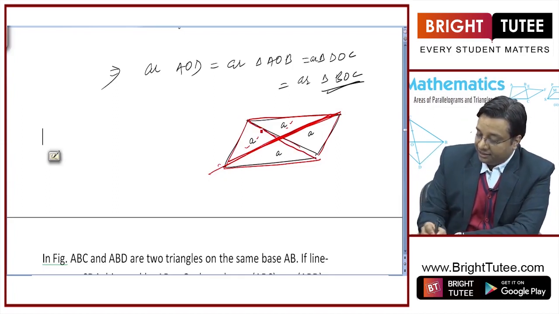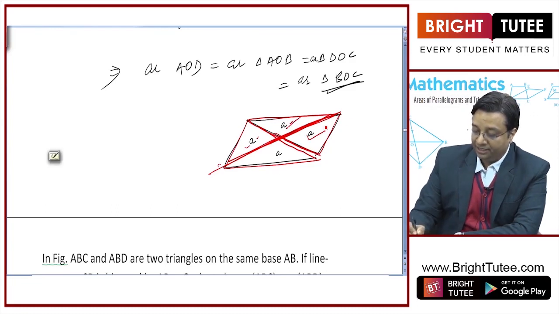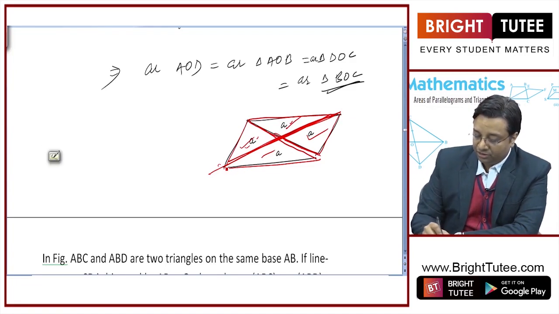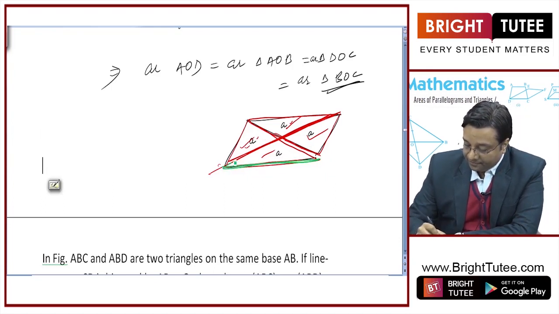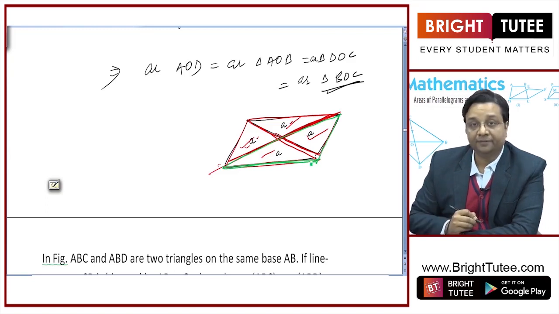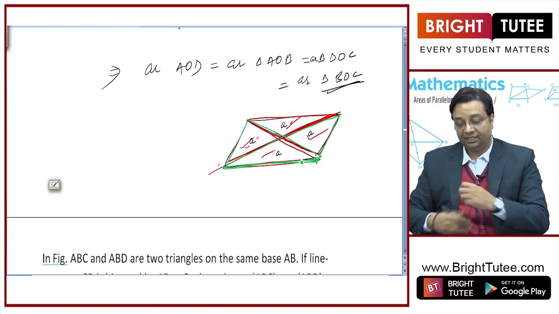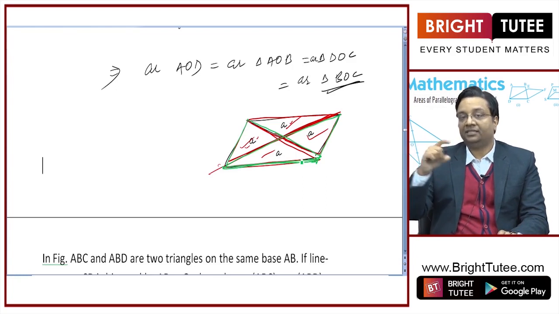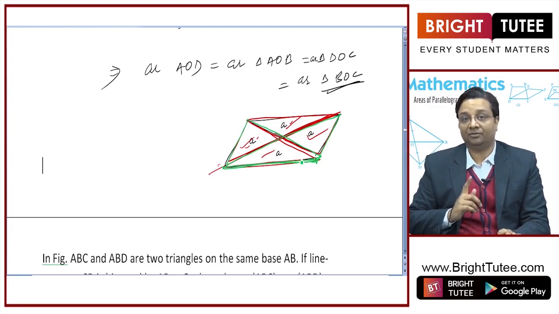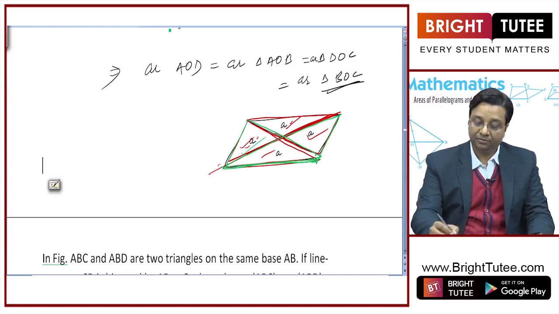Similarly, this other diagonal also divides the parallelogram into 2 equal areas, A plus A, A plus A. And you can draw some more conclusions also: area of this triangle here is 2A and area of this triangle is 2A. So this strengthens our concept that the areas of triangles between the same parallel lines and having the same base are equal. So these are the concepts that you can learn from this question.